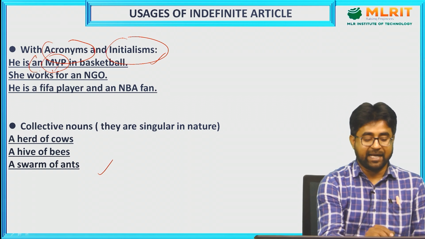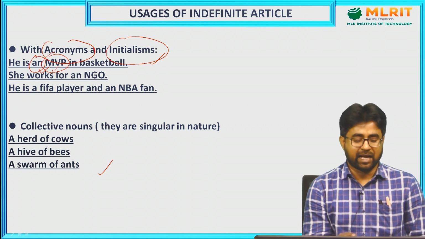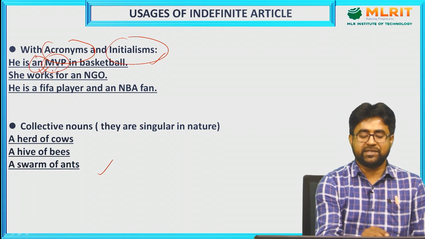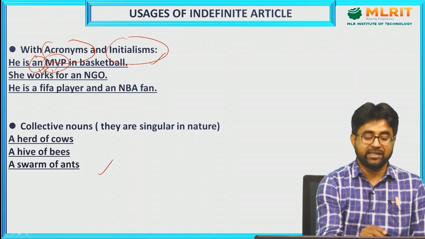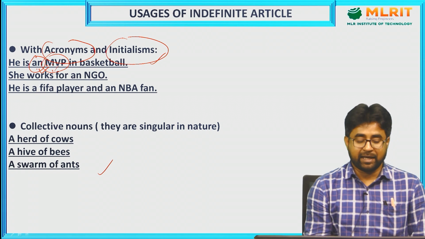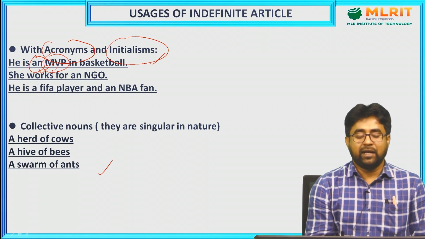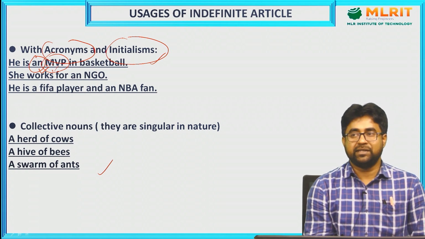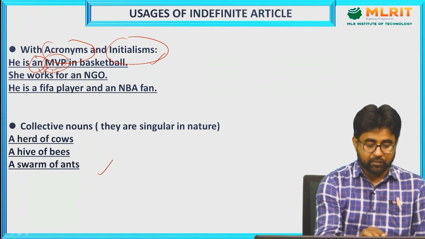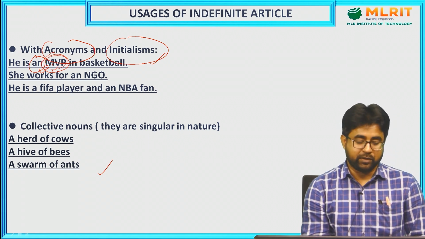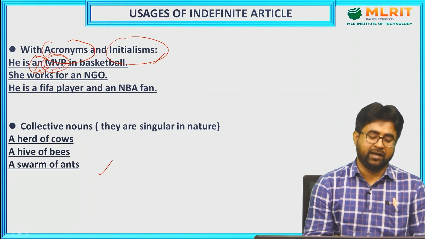He is an MVP. I am using an because though it starts with M, the initial sound is actually a vowel sound. In most initialisms, you will find the short form starts with a vowel sound, so in most cases you will find an, not a.